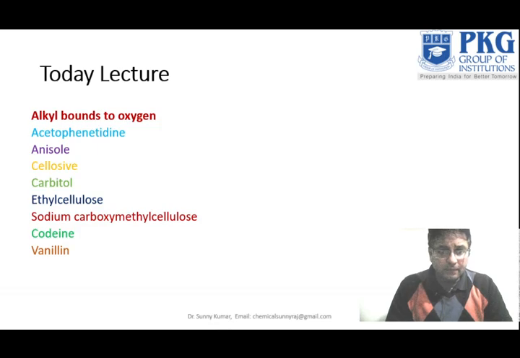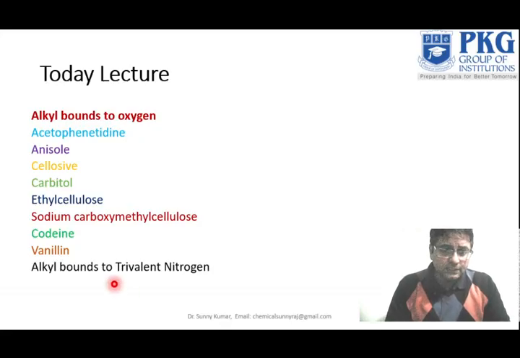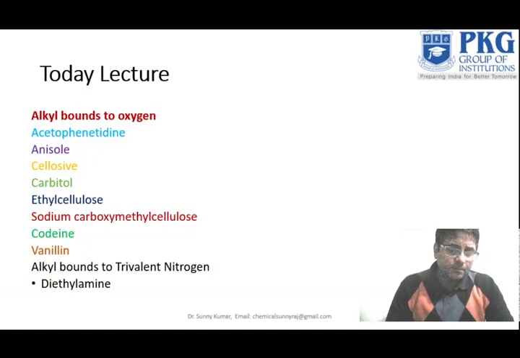So these are the compounds which are alkyl bound to oxygen. And the other is alkyl bound to the trivalent nitrogen, which is diethylamine, and the other one is dimethylaniline. So these compounds we have discussed today.